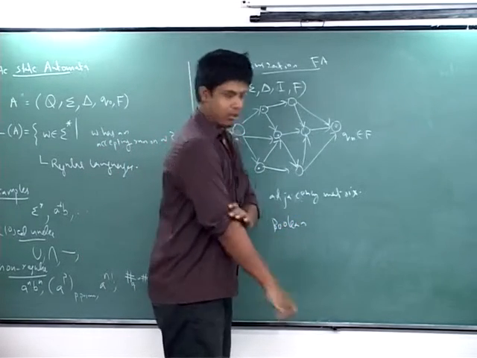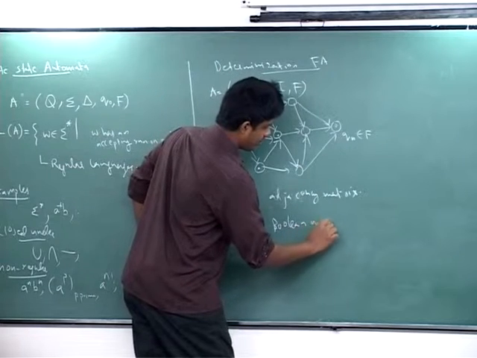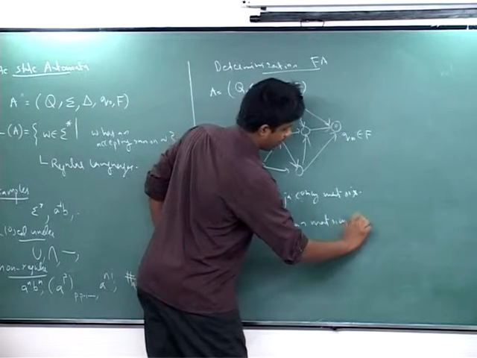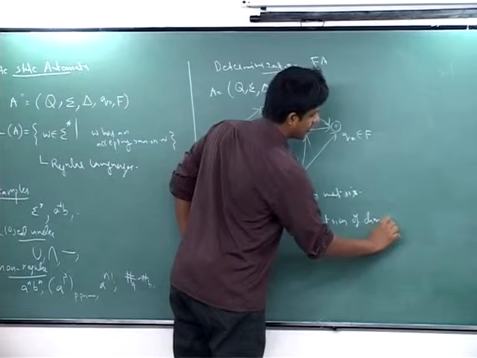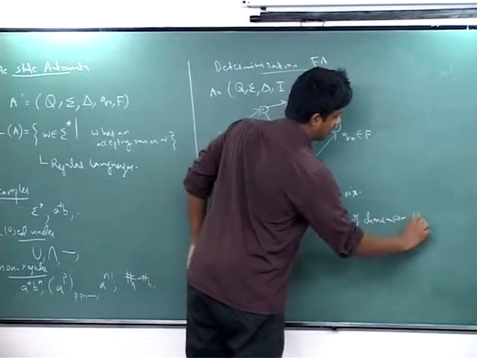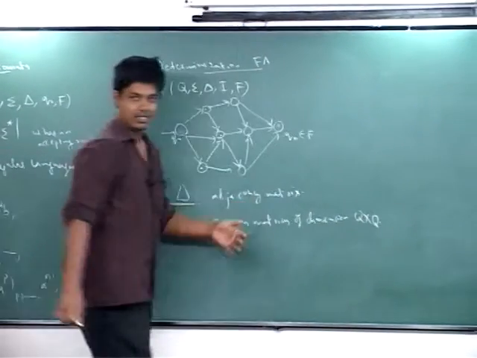What I'm going to talk about is very simple. Boolean matrices of dimension Q by Q. For the moment, let's ignore the labels.